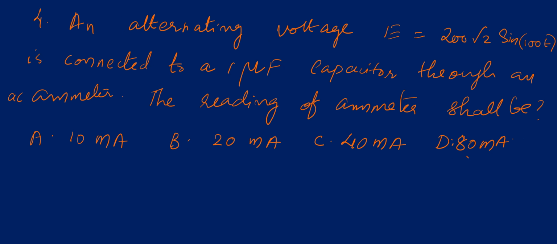An alternating voltage E equal to 200 root 2 sin omega t is connected to a 1 microfarad capacitor through an AC ammeter. The reading of the ammeter shall be? An ammeter measures current, so it is I RMS, that is equal to V RMS divided by XC, the capacitive reactance. V RMS is V0 by root 2 and XC is 1 by C omega. We can write it as V0 divided by root 2, and C omega will go to the numerator.